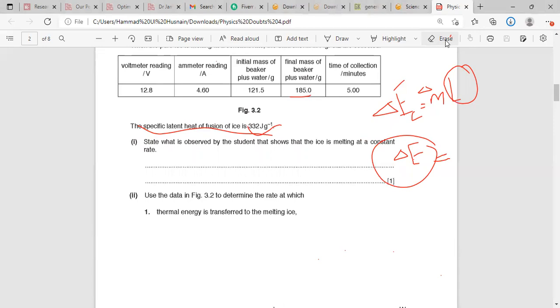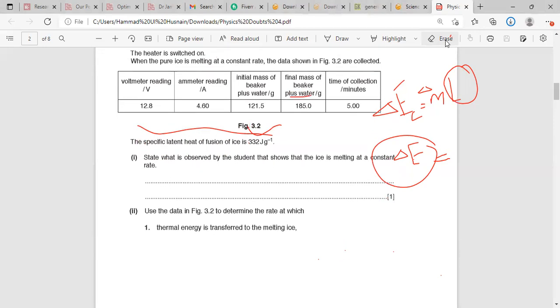Okay, just subtract 121 from 185 and multiply it with 332. You will get 21082 joules, right? It is given that we are giving this heat for 5 minutes, and remember that we need to find power.